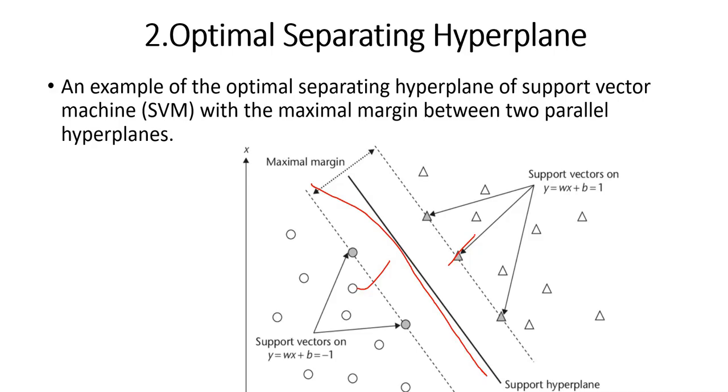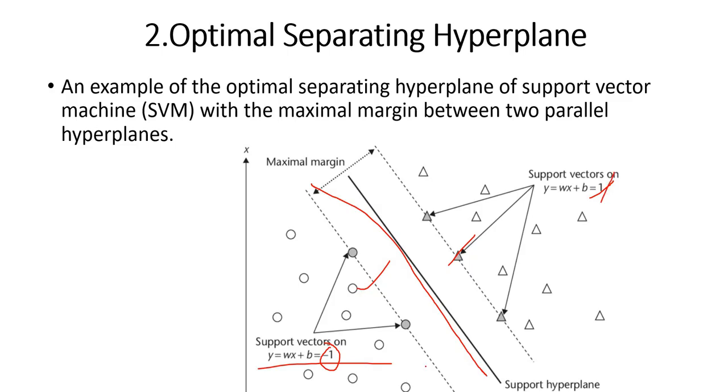The upper boundary is represented by the equation wx + b = +1, and the lower boundary is represented by wx + b = -1.